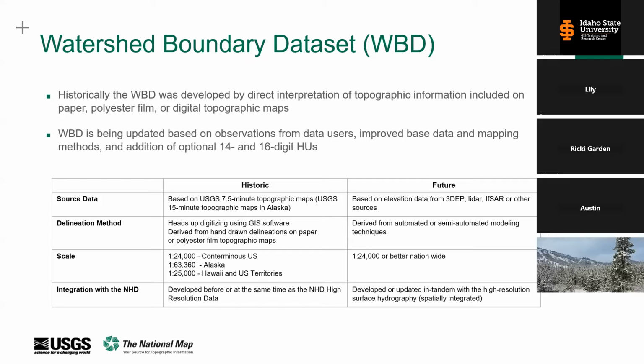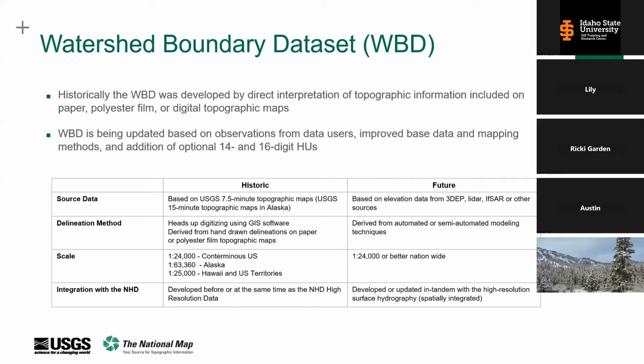Now, the WBD is a multi-resolution dataset because, again, it was built from a variety of different sources, including DRGs, DEMs, orthoimagery, NHD, state hydrography datasets, topographic maps, bathymetric maps, you name it. The WBD was built in collaboration with various resource agencies, including EPA, NRCS, BLM, Forest Service, and WBD partners.